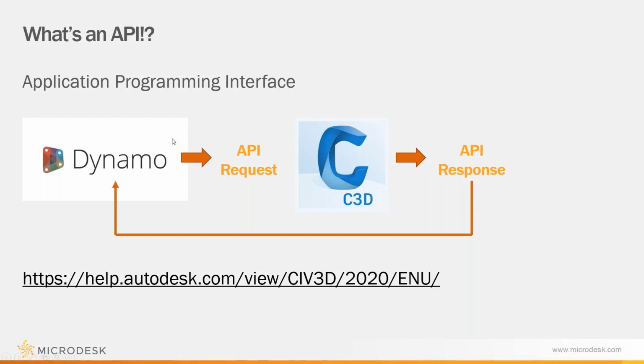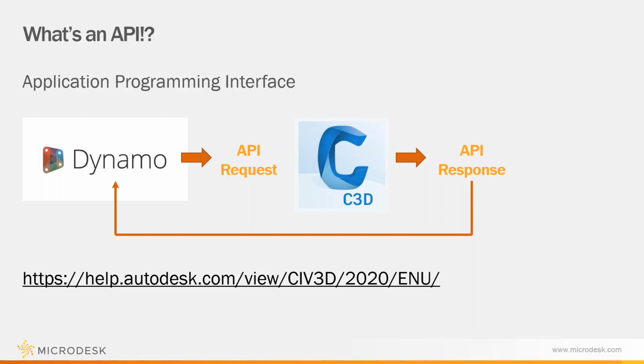So Dynamo gives you the ability to make an API request, and it's going to ask Civil 3D, hey, we want some information, and Civil 3D is going to respond with the information, and it's going to give it back to Dynamo. And basically, that's how Dynamo works.